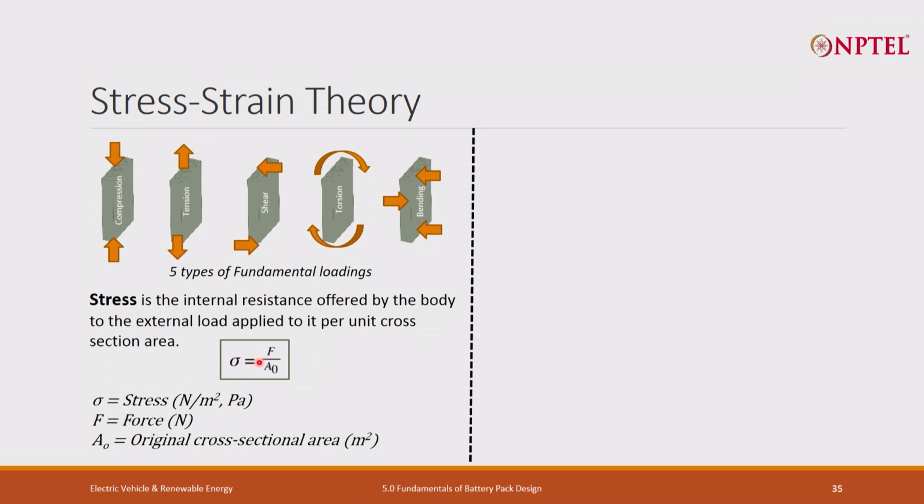So this stress is nothing but F by A0, where sigma is the stress, in Newton per meter square, which is also defined as a Pascal. But pressure and stress are different. F is the total force applied, and A0 is the cross-sectional area over which the force is getting applied.